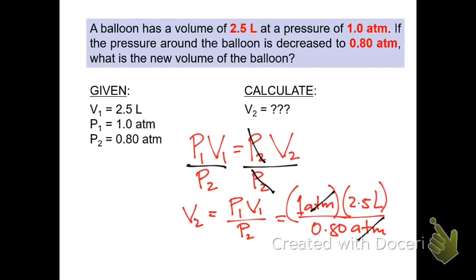And what's left is the unit for volume. So we get 3.125 liter. And you can always apply sig figs if you want. In this case, there should only be 2 significant figures.